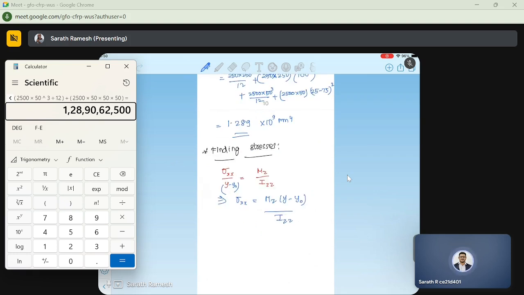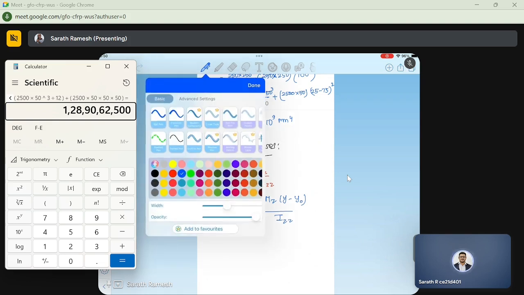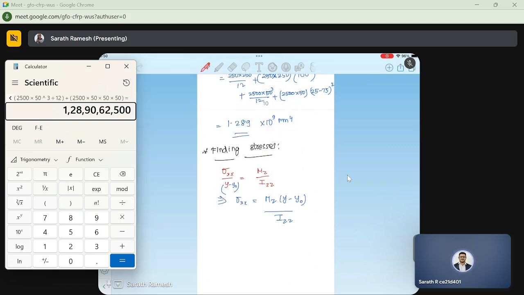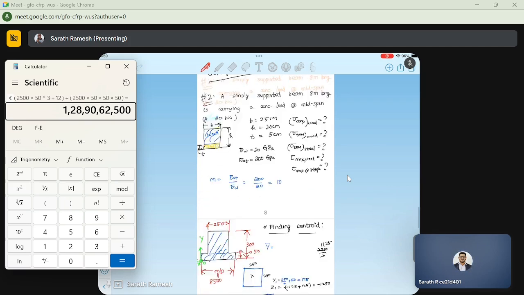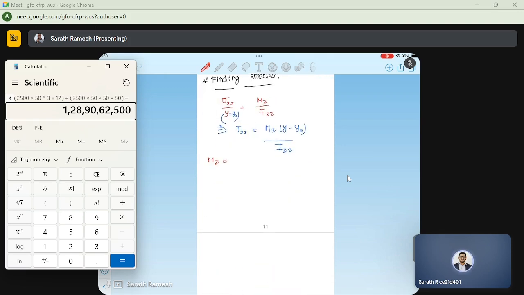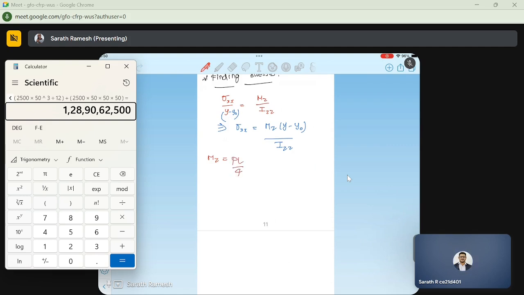So what is Mz? Mz is the bending moment about the z axis, which is caused by the load acting on the beam. So what is the load applied? A simply supported beam with an 8 meter span, with a point load at the center. So it will be PL by 4.